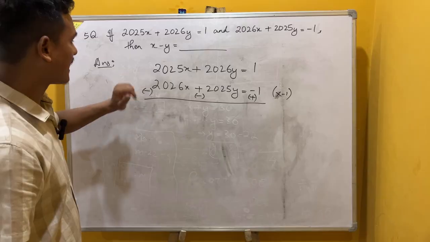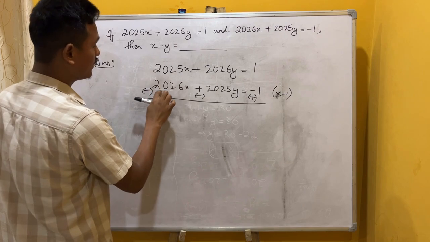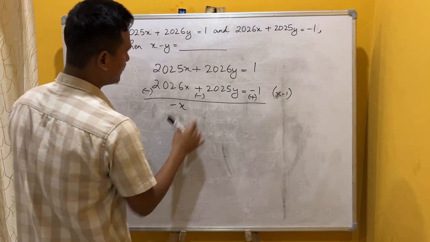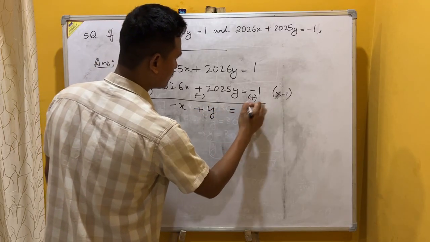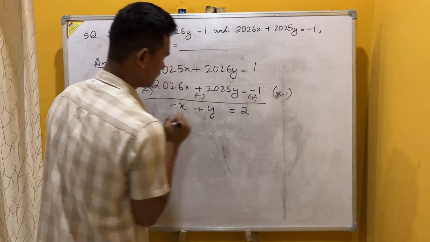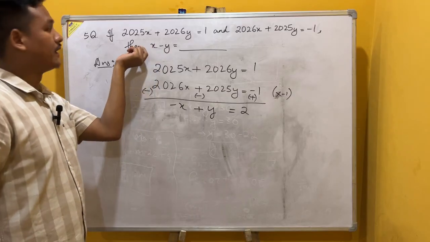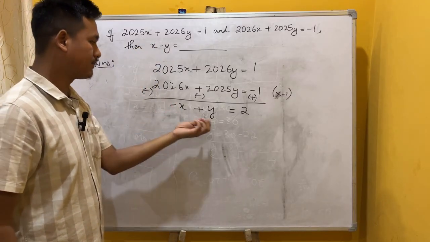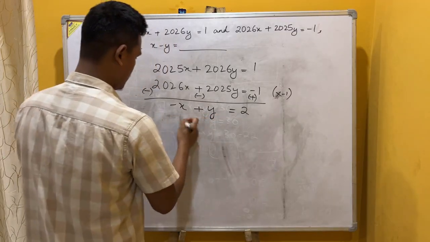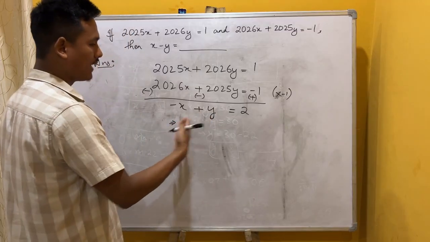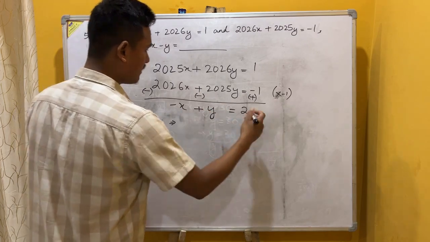Now let's add them. The answer is 2025x minus 2026x, which is minus x, plus y equals 1 plus 1, which is 2. The question is to find x minus y, but we have found minus x plus y. So I will again multiply this equation by minus 1, which I can do because even if I multiply with any other number, the equation always remains balanced.